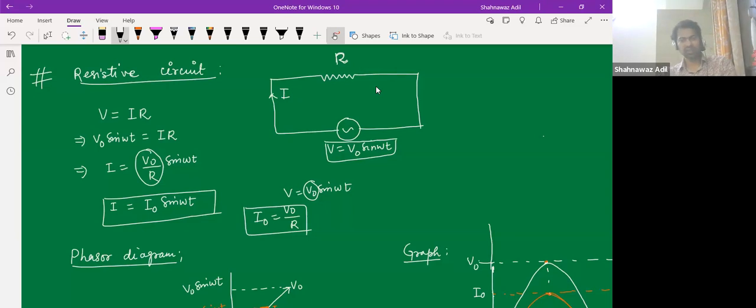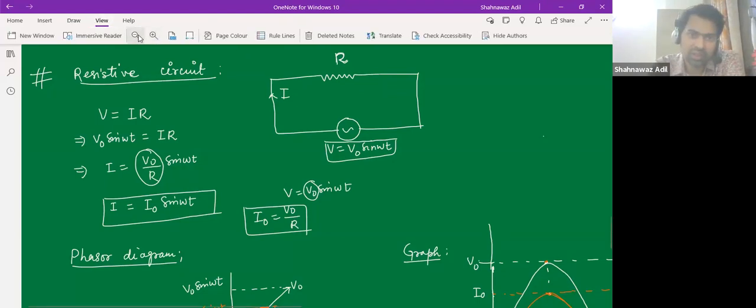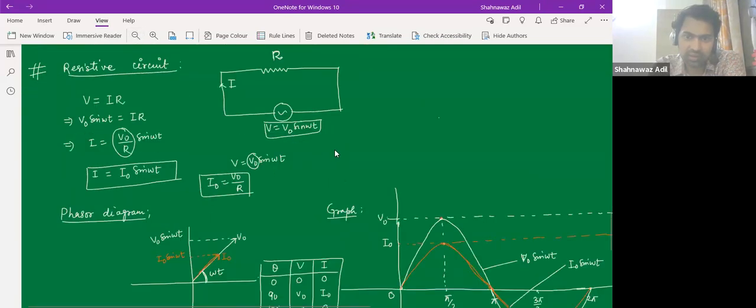So these phasor diagram and these graphs are very important. And whenever you have any doubt, please ask. Okay.